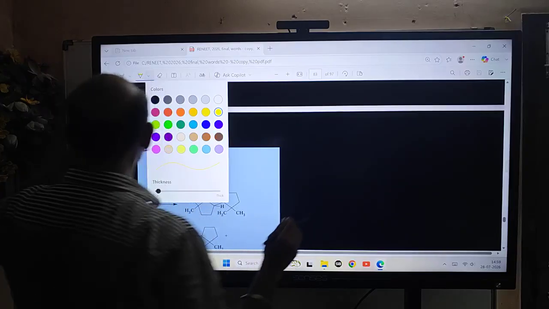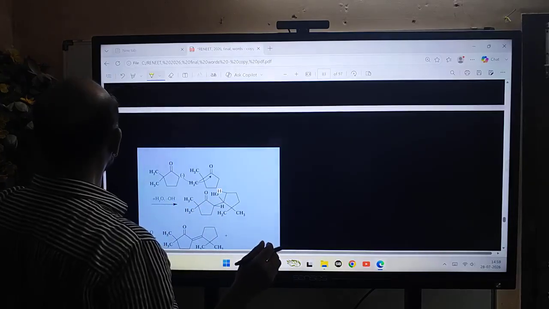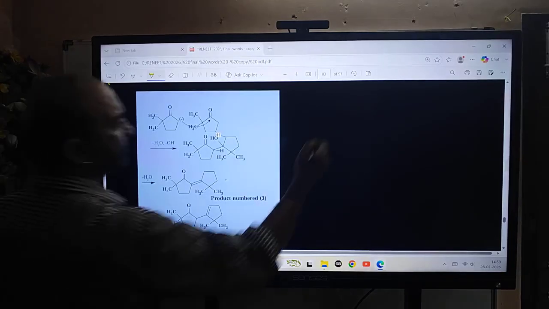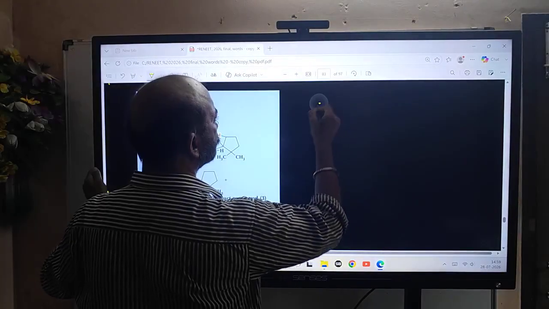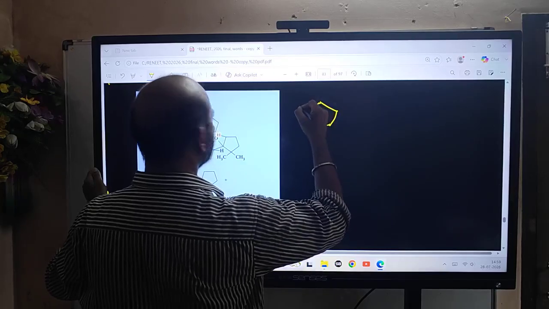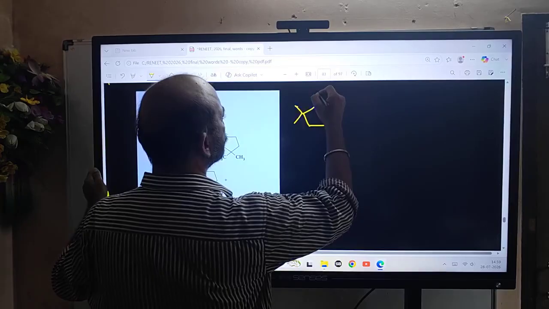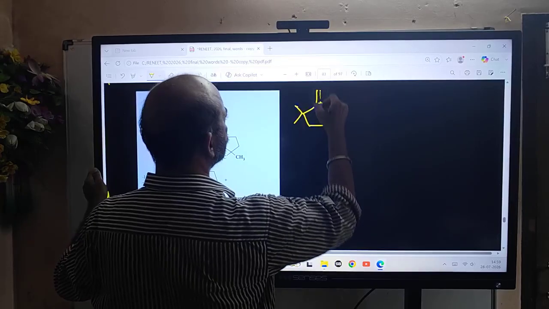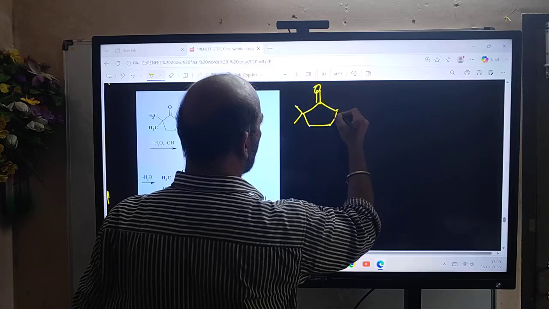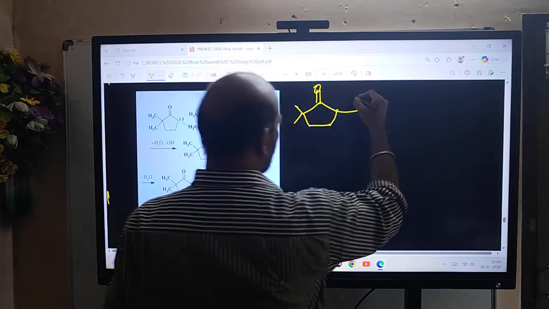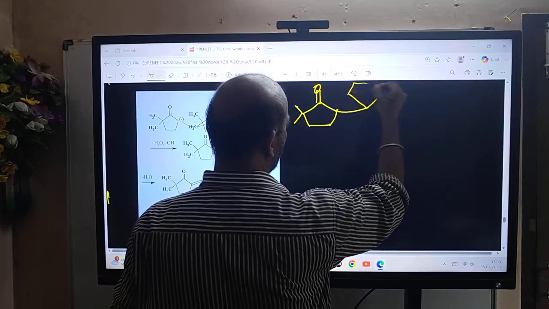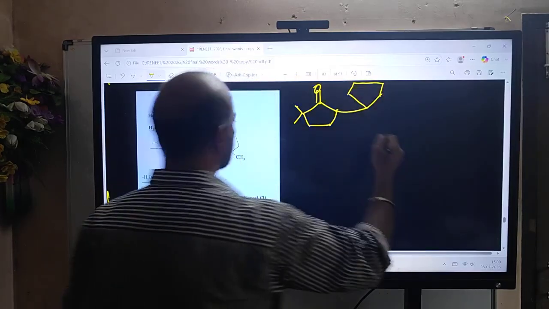Okay, listen. See, this one attacks the carbonyl group. For convenience, we write that in the inverted way, like this.